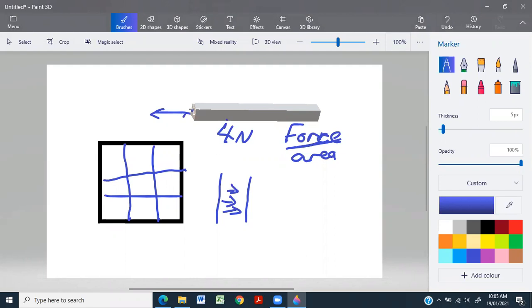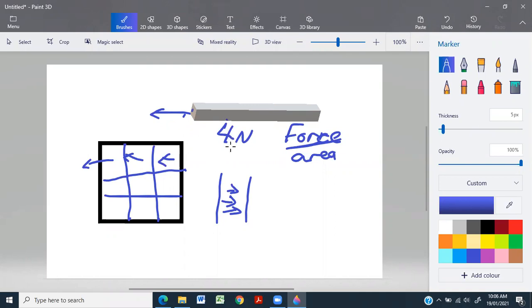Now, this pulling force here is distributed throughout the bar, throughout the cross-sectional area. So each of these would have a vector coming out of it, right? The reason we divide the force by the cross-sectional area is to tell us how the force is distributed throughout the particles in this bar, assuming the force is distributed evenly. So we divide it by area.